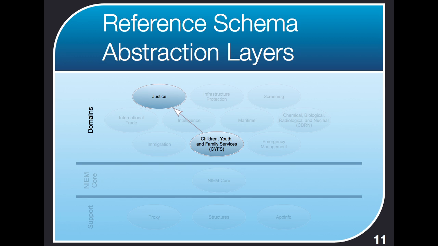Domains can draw from each other. Now that does throw a little bit of a wrench into the updating process, in that if I update a domain, other domains that depend upon things in my domain might be affected by those changes. So there is a harmonization process that occurs every time we want to do a sort of a mass update of all the domains, and that results in a minor release of the NIEM.